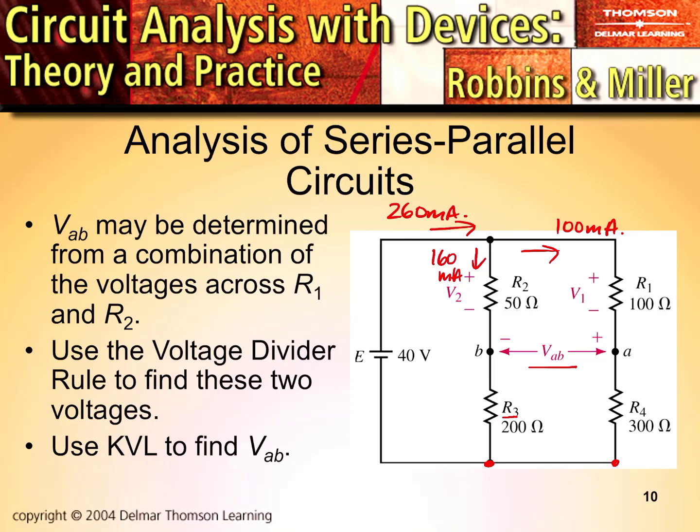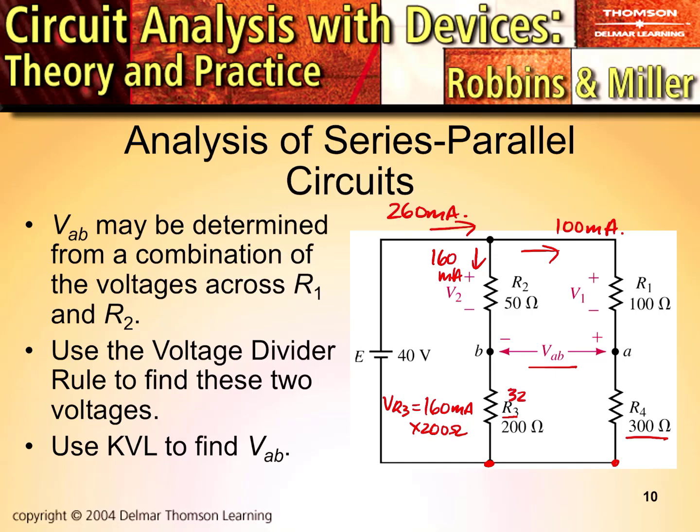So we'll use this point here as essentially our reference, and we'll come up with VR3 equals 160 milliamps times 200 ohms. Over here, VR4 is 100 milliamps times 300 ohms, right? So 160 milliamps times 200 ohms is 32 volts.